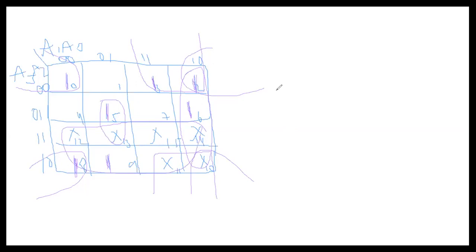So how many 4-box combinations are here? We got two 4-box combinations, one 8-box combination, and one 2-box combination. So D is a function of A3, A2, A1, A0, where A3, A2 are the MSB bits and A1, A0 are the LSB bits.